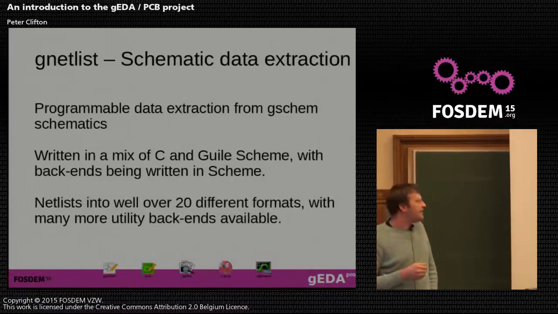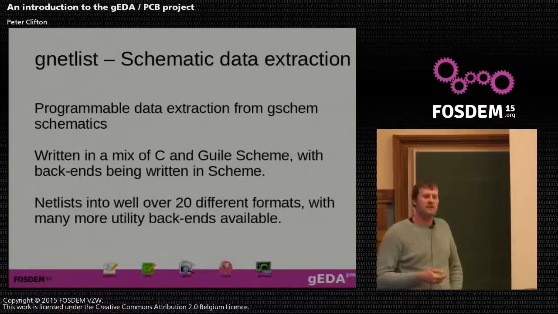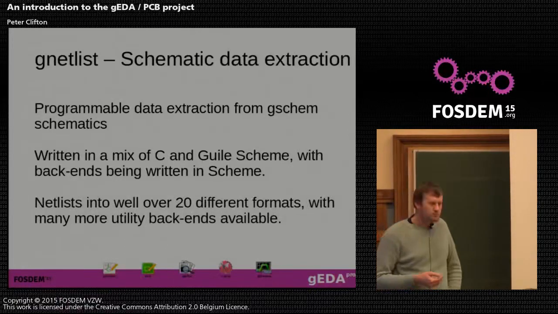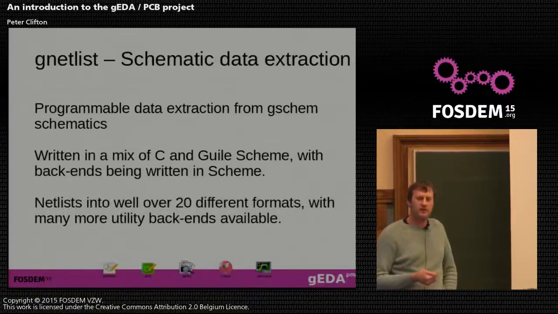It outputs netlists in over 20 different formats, with a lot of other backends that target things like design rule checking and utilities like dependency generation. So, for example, you can run a gnetlist backend that effectively emits a make depend, so I can find out that my master level dot schematic also depends on level 2 dot schematic and resistor dot symbol.